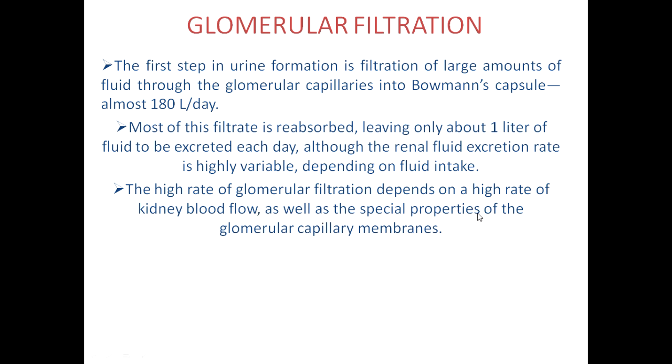If the blood flow is obliterated for any reason, then there will be no filtration and urine formation will not happen. This filtration also depends upon the special characteristic features of the glomerular capillary membranes, which will be discussed in a separate video. Understand? Right.